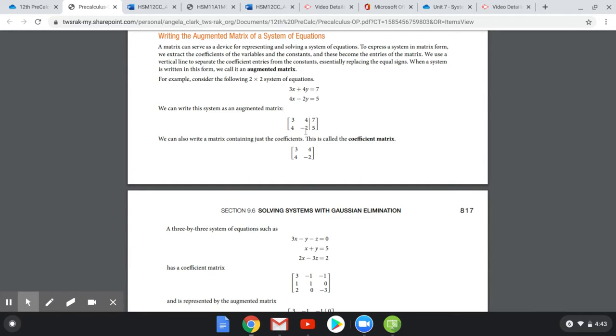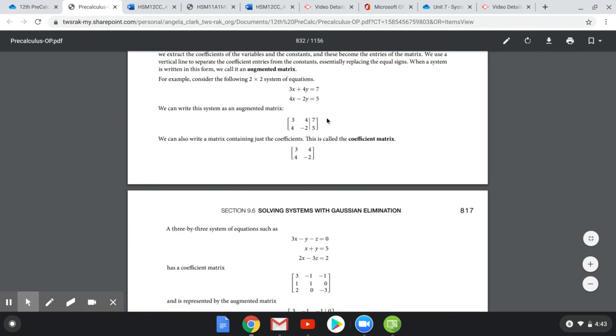And if you have z's, those coefficients would be your third column. And if you had w, then those coefficients would be your fourth column. You get what I'm saying. Basically, you line up the letters, so x's, y's, z's, w's, and those coefficients become a column.